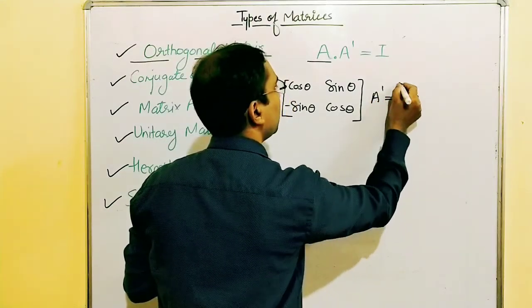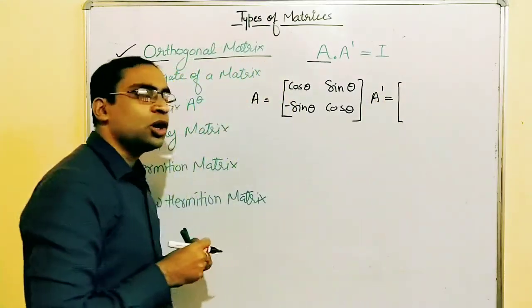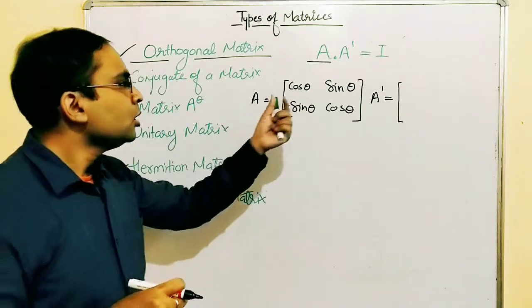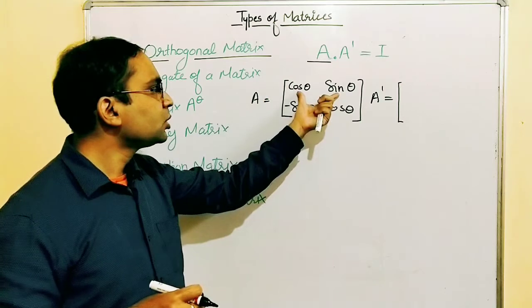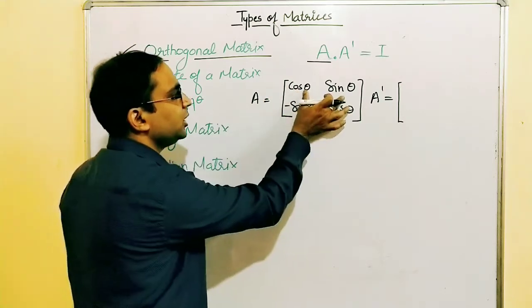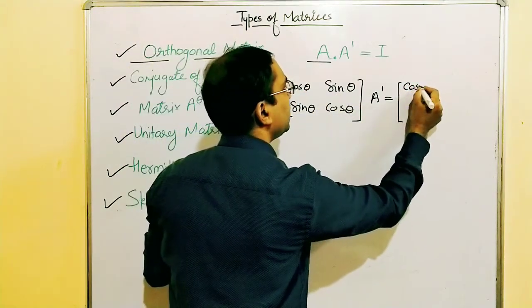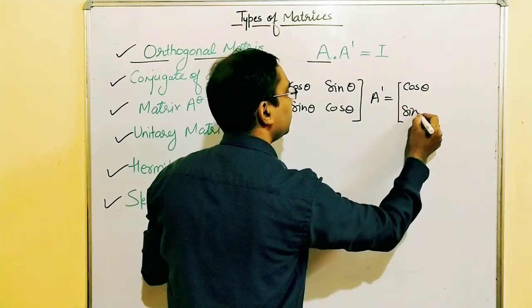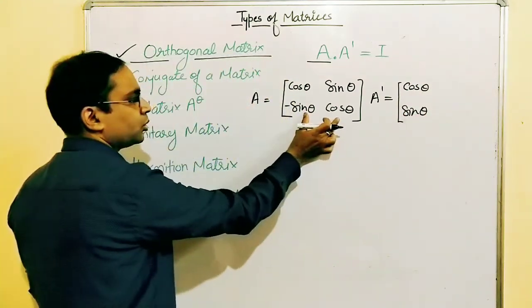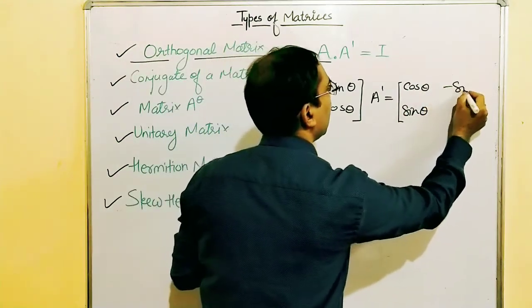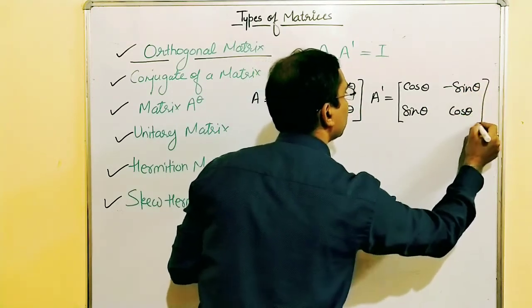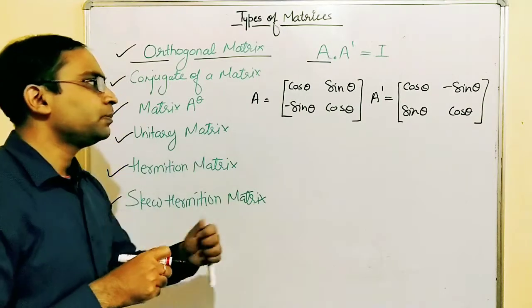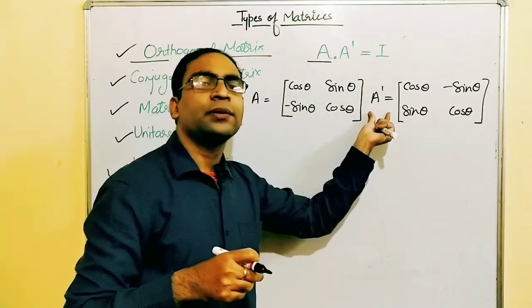So the transpose of the given matrix A can be obtained by interchanging its rows and columns. So I am going to convert this row into a column: cos theta, sin theta will be written as a column cos theta, sin theta, and this row, minus sin theta and cos theta, likewise. So we have interchanged the rows and columns, and now we have obtained the transpose of the matrix.